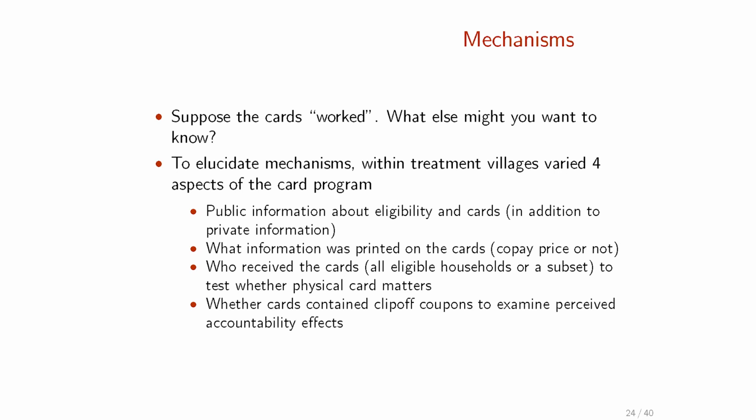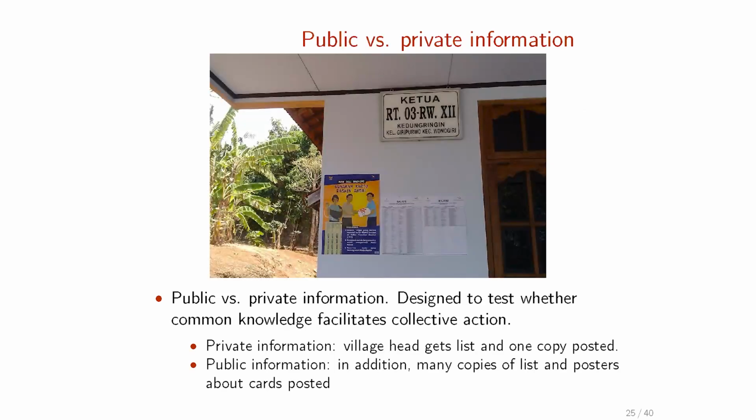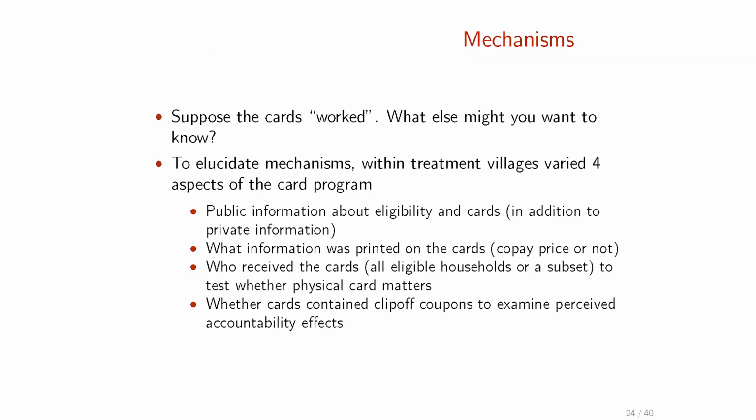If you want to answer all of them, this leads you to a sort of pizza pie of design, which is what I'm going to show now. The first thing is public versus private information. When I give you a card, you're informed. But the village officials also know that everybody has a card.